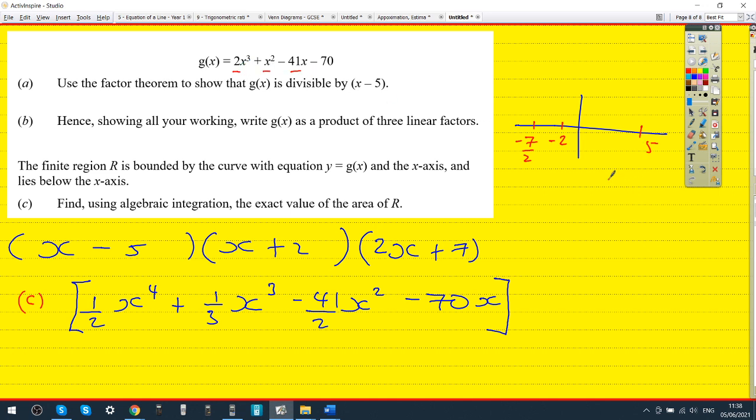So it's -70. So all the way down there. So we start bottom left, and it's going to be something like that. Okay, so we want to integrate between what and what?